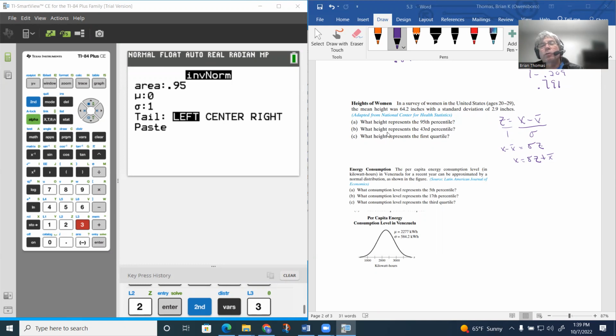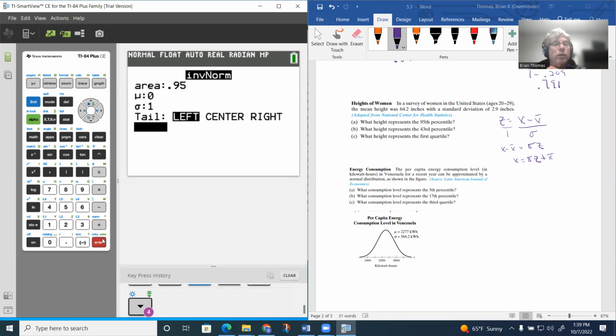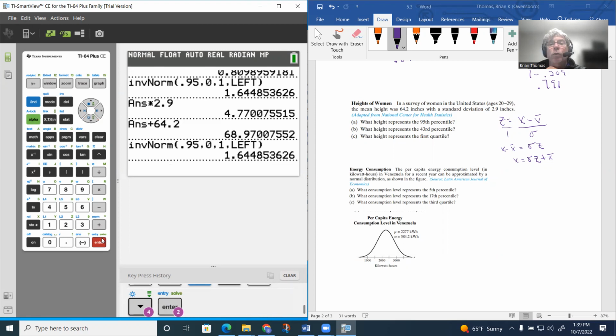To find the z-scores, we just did something with percentiles. So if I use my calculator, I could go 0.95 into the inverse normal distribution, and it should give us 1.644.